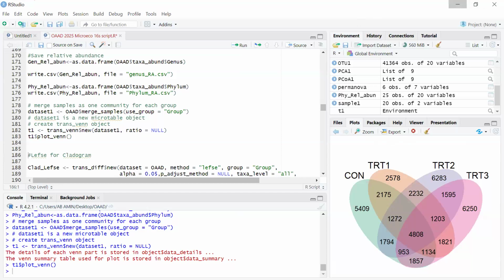This is to show 4,808, I think, cutting across all the 4 samples, while unique ones are 6,200 for this, 6,200 for this, treatment 1 having the lowest at 2,500, and this one 5,000. So this is just a way to interpret this.